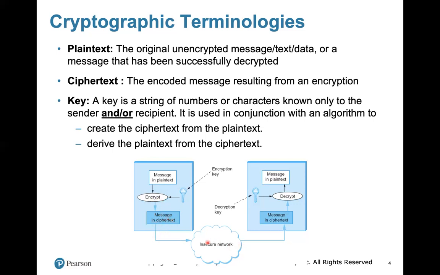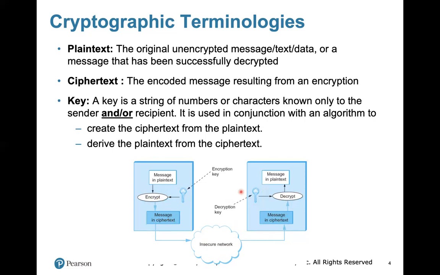The ciphertext now is ready to be transferred, to be transmitted over an insecure medium. It might be a network, it might be air, it might be a disk, whatever. And then on the other side, we get the ciphertext. We apply the decryption algorithm using the key.